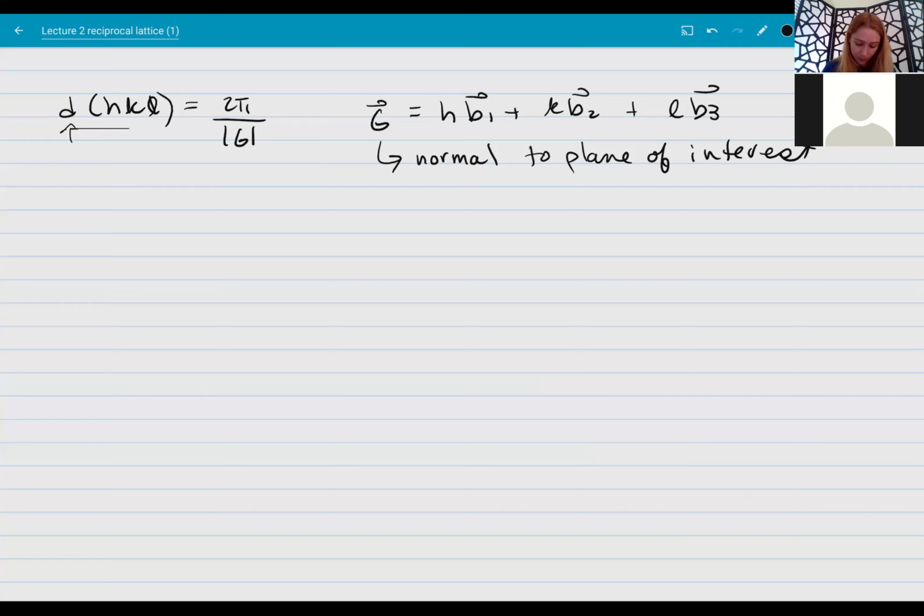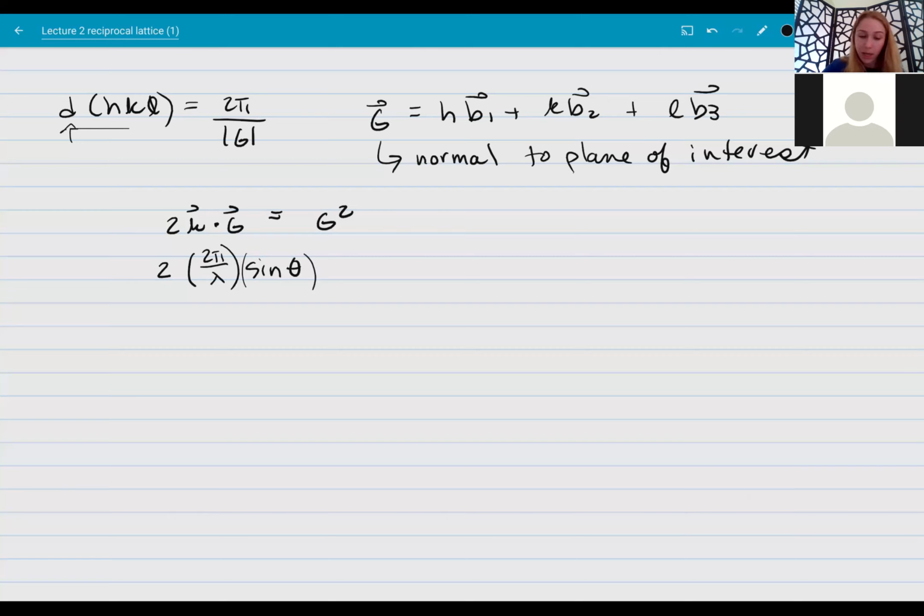Let's start with an equation that we had a little bit earlier: 2k dotted with G is equal to G squared. The magnitude of k is 2 pi divided by lambda times sine theta. I'll explain what that is in a little bit.